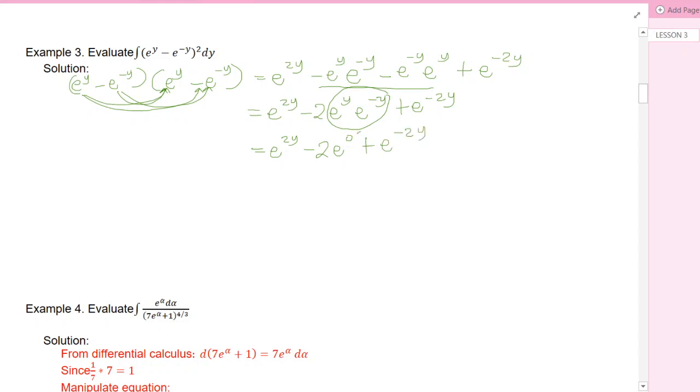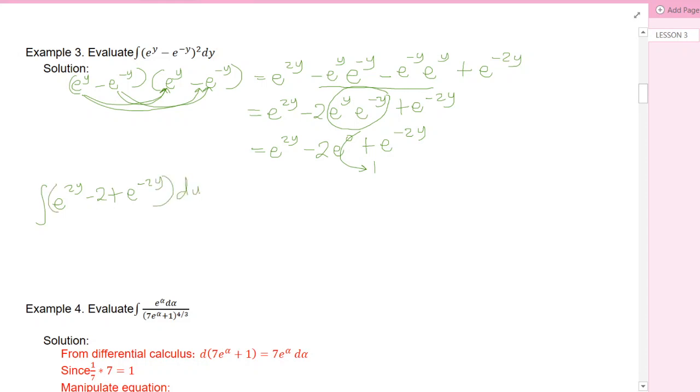And since class e raised to 0 is equal to 1, okay, so rewriting that in our equation, that is the integral of e raised to 2y minus 2 plus e raised to negative 2y dy.